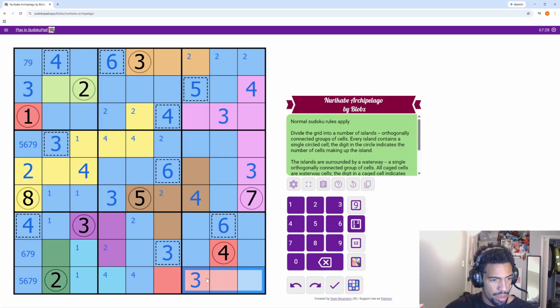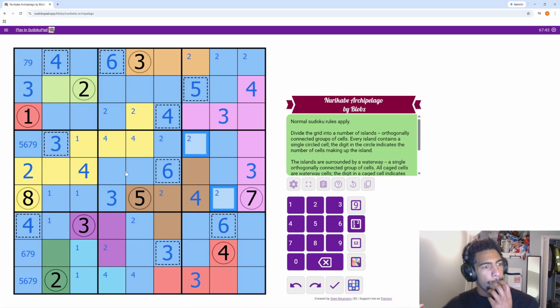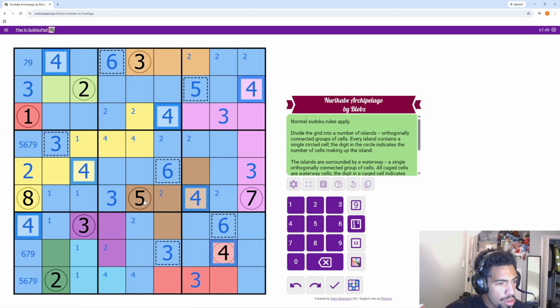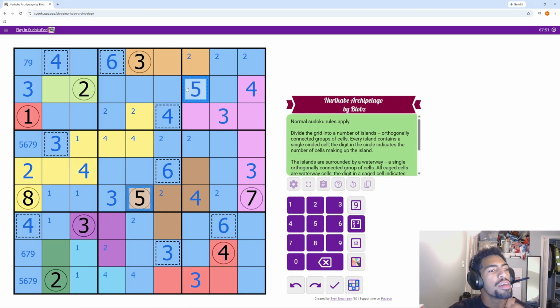Let's see, this. That's not that fun. My 2 is seen by this. So I do get this. Okay, 2s almost. And then I had a lot of 3s, 4s, so maybe it's 5s.